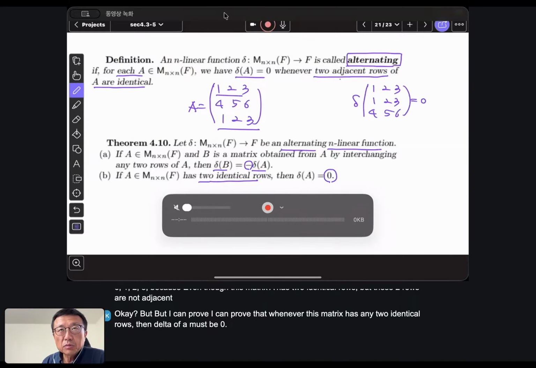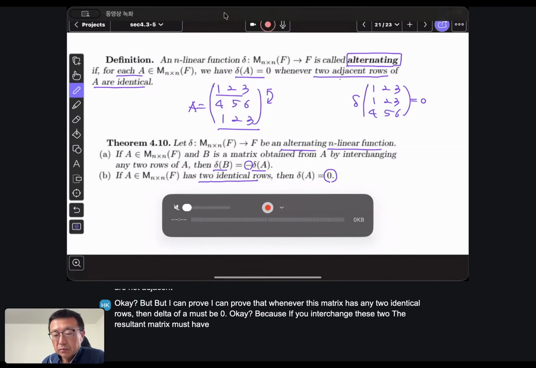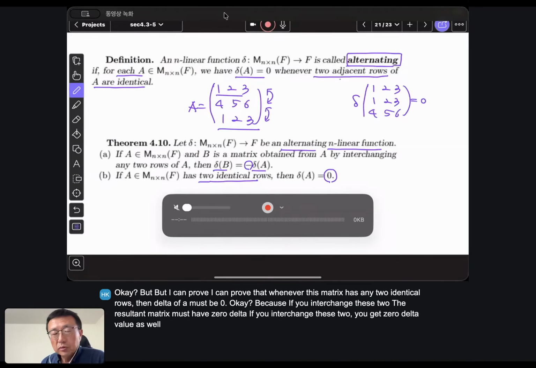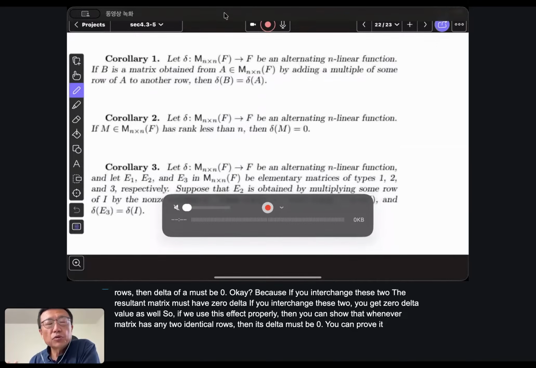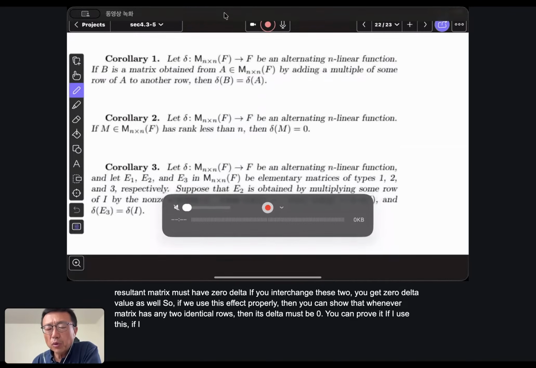Because if you interchange these two, the resultant matrix must have 0 delta. If you interchange these two, you get 0 delta value as well. So if you use this fact properly, then you can show that whenever a matrix has any two identical rows, its delta must be 0. You can prove it. If I use this fact, actually most of them were already proved in our class, right?